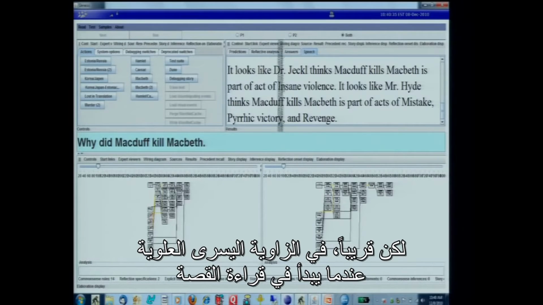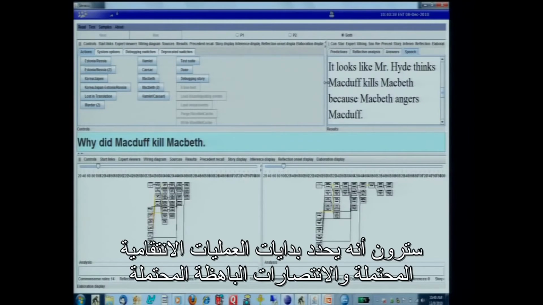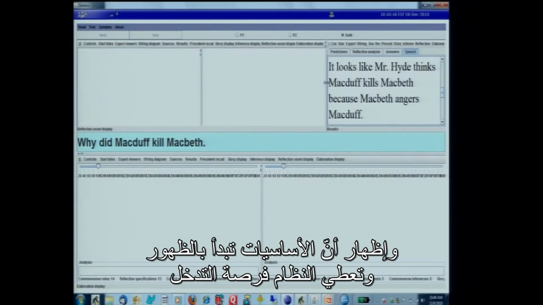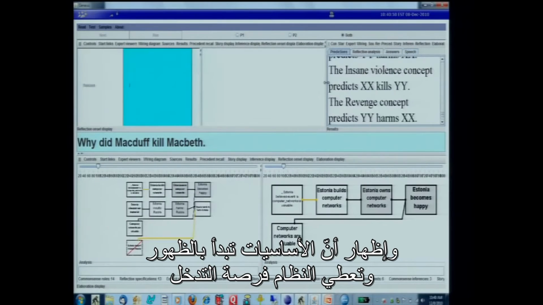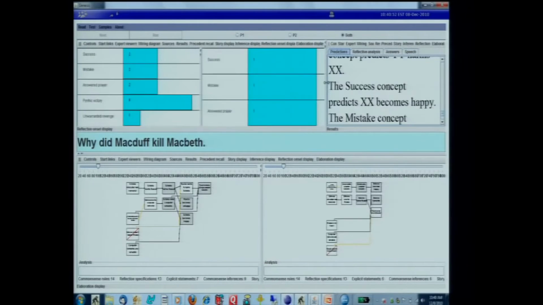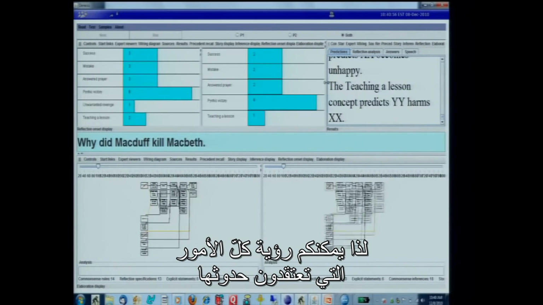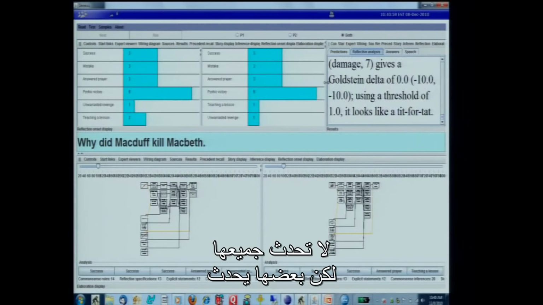But pretty soon in the upper left-hand corner, as it begins to read the story, you'll see it spotting the onset of potential revenge operations or potential Pyrrhic victories, and show that their foundations are beginning to emerge and giving the system an opportunity to intervene. So there you can see all of the things that it thinks might happen. Not all of them do happen, but some of them do.